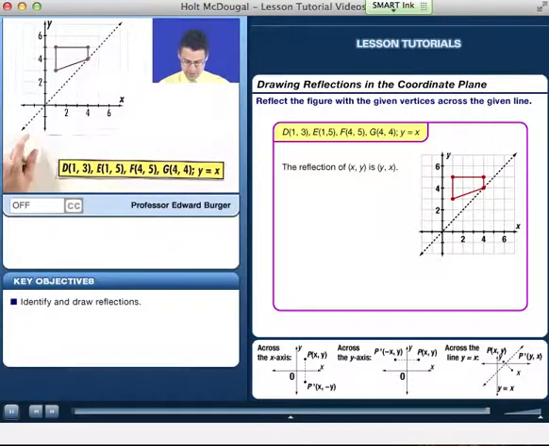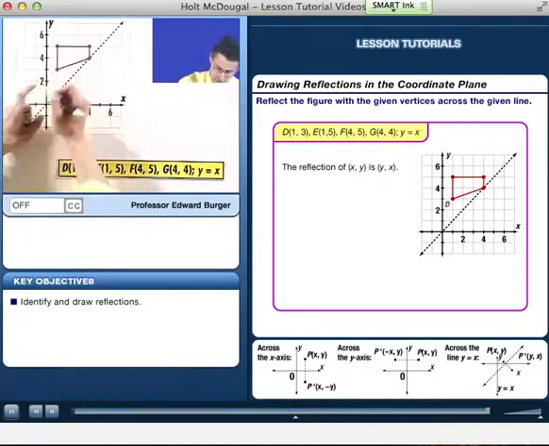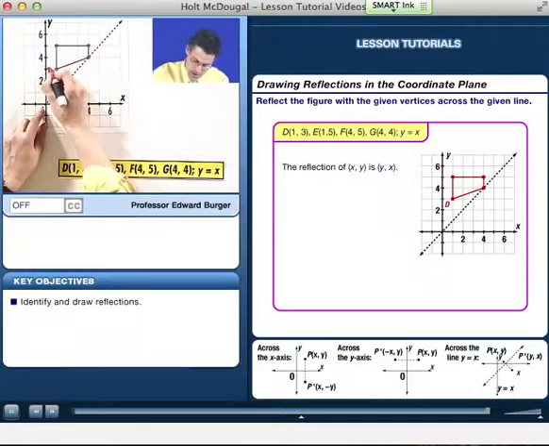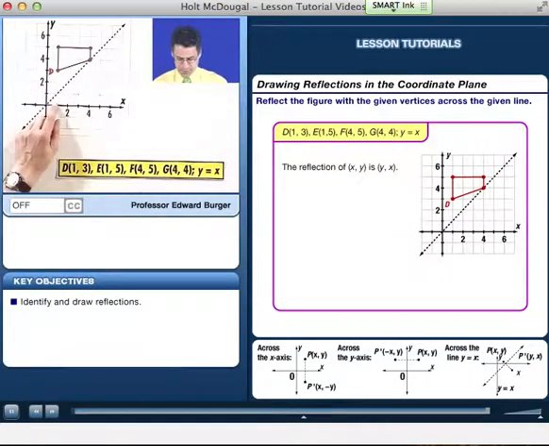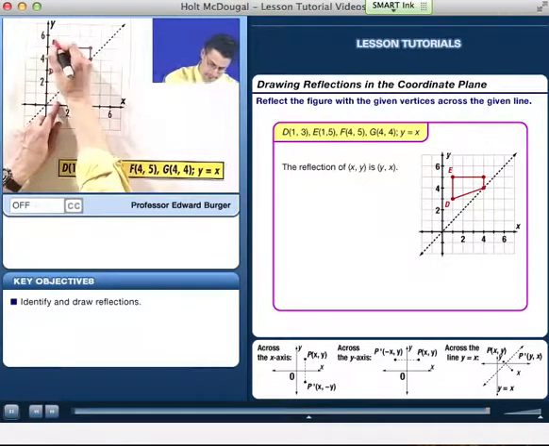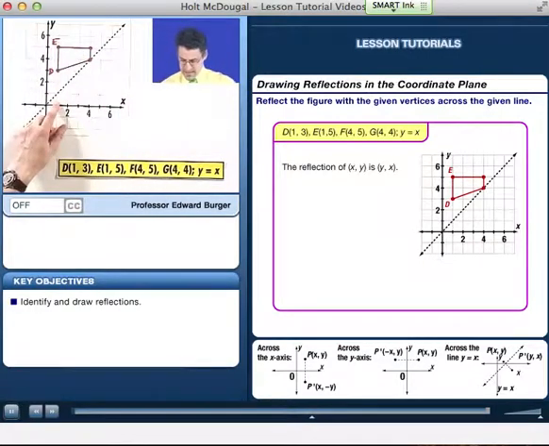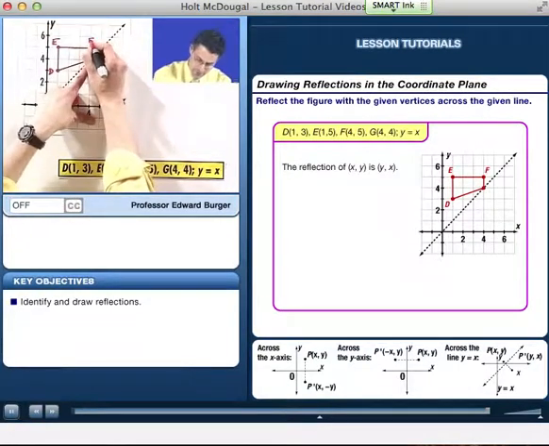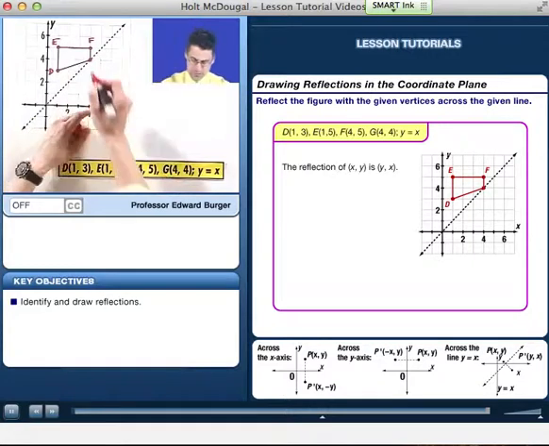Let's start with this point here, which is (1, 3), so that's actually D. Ooh, this is red. Let me actually mark this as D. (1, 5) is E. F is (4, 5), that's F. And G is (4, 4).